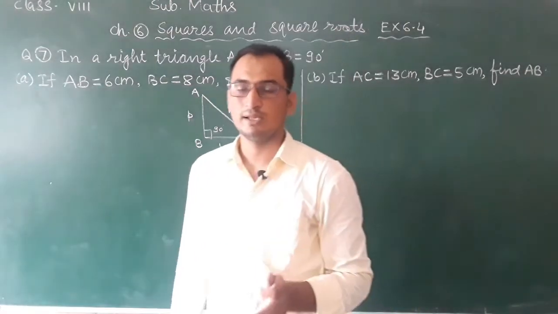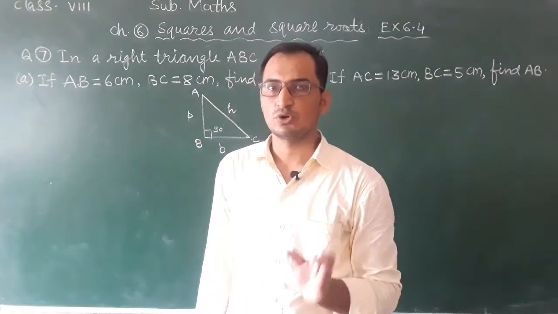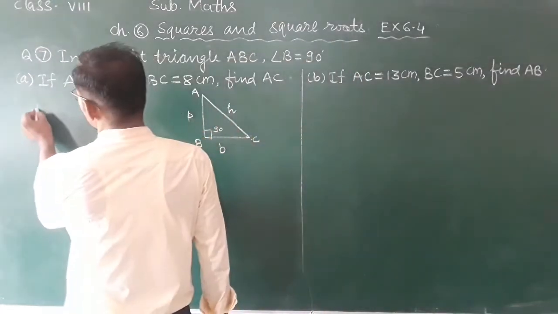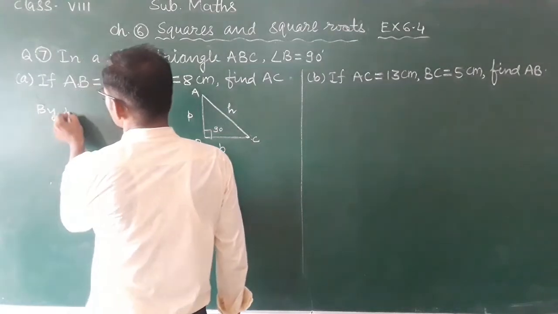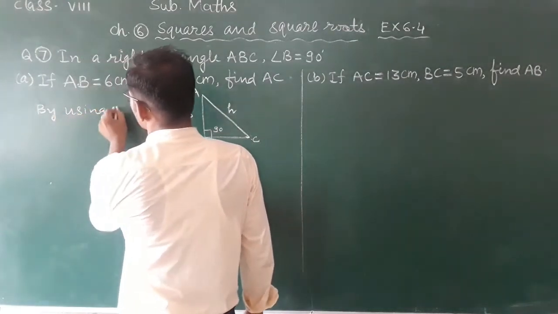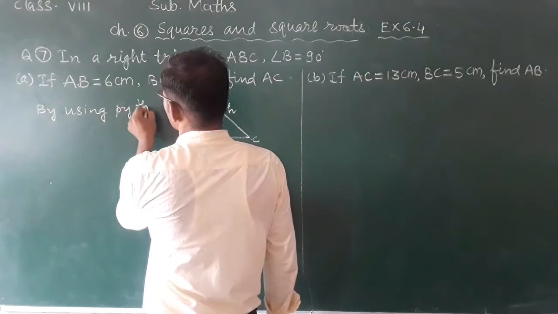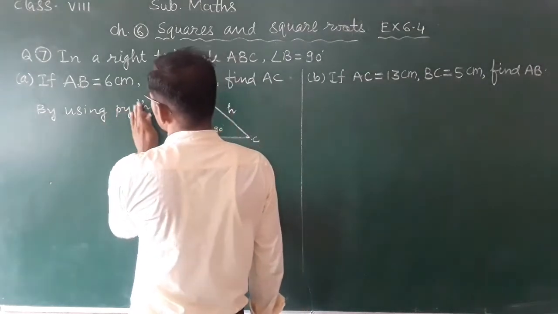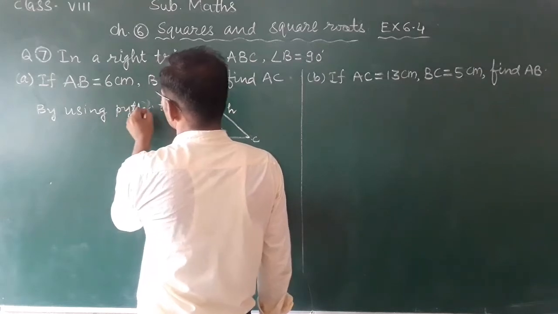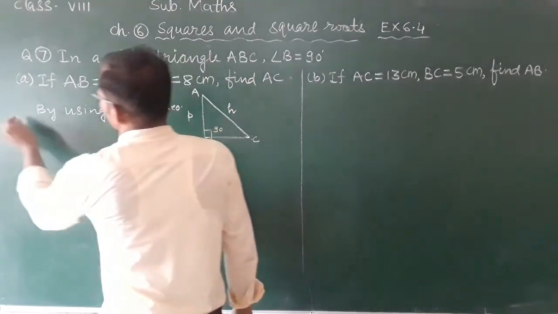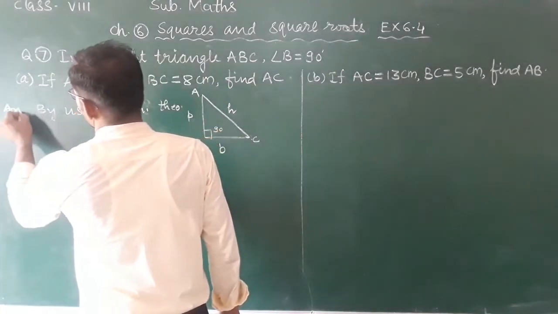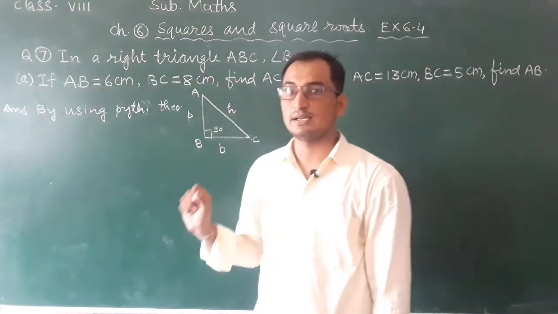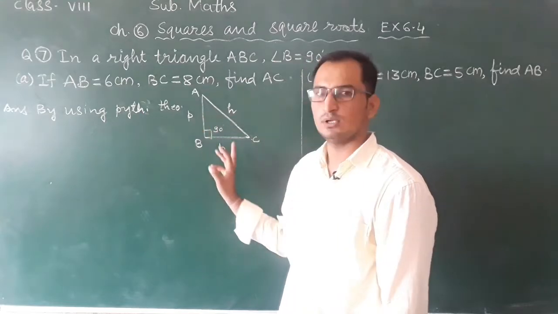Now we know very well the Pythagoras theorem. What is the Pythagoras theorem? By using Pythagoras theorem. Clear? Pythagoras theorem tells us the relation between the hypotenuse, perpendicular and base.